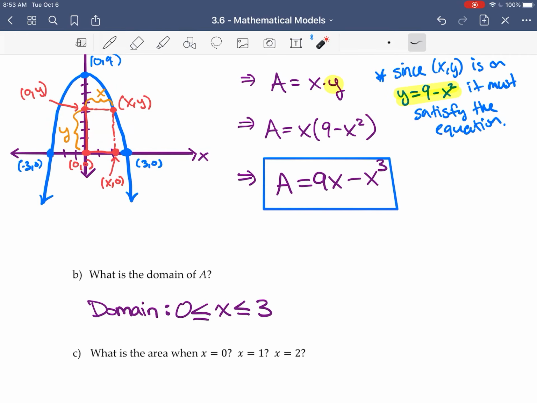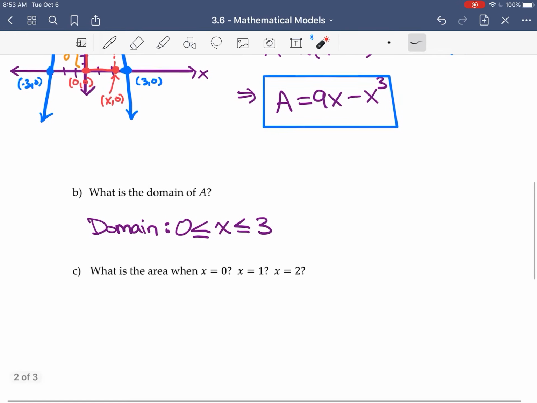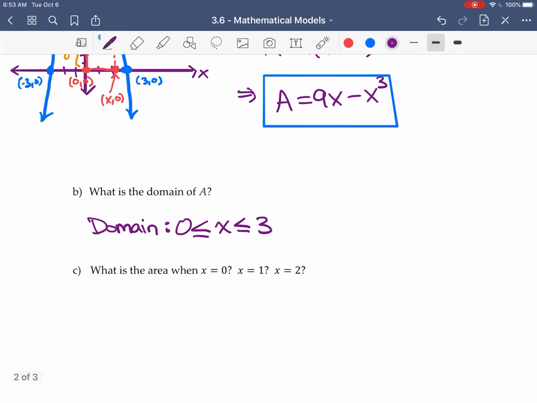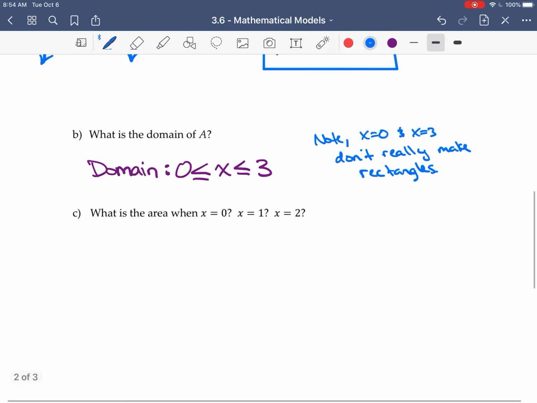But let's include them so that part C makes sense. I'm going to make a note here: x equals 0 and x equals 3 don't really make rectangles. But we're going to see that in part C when it asks for the area.